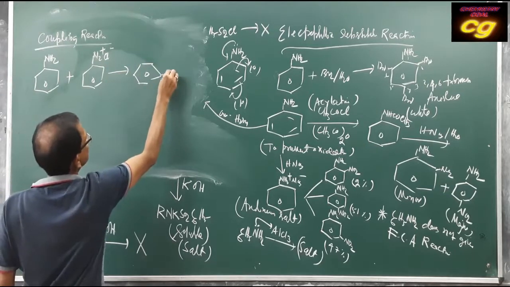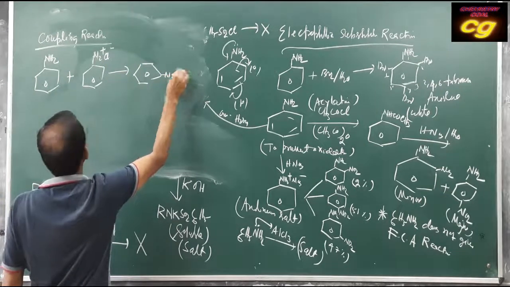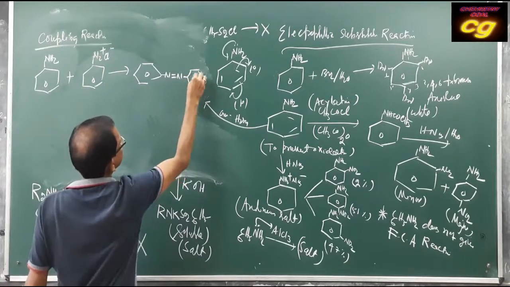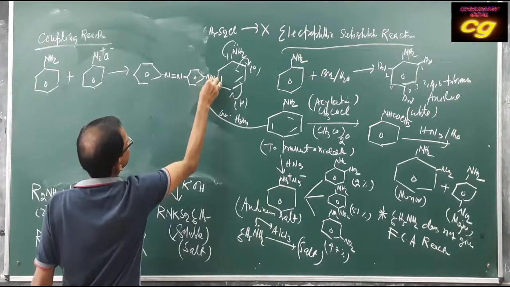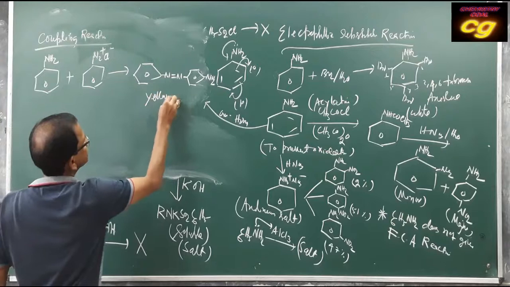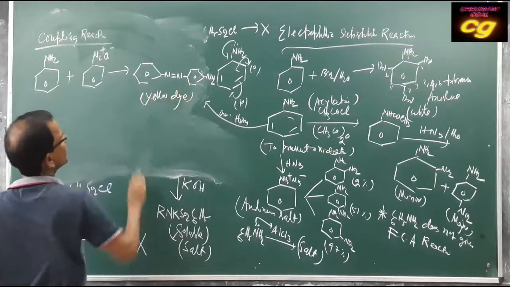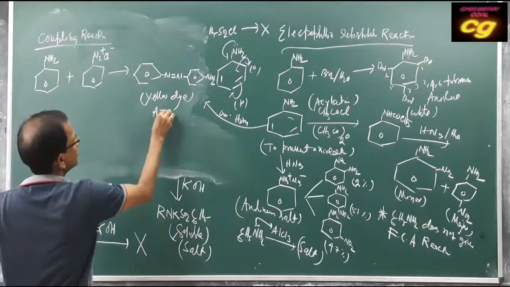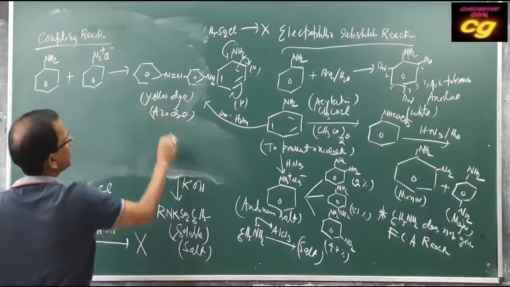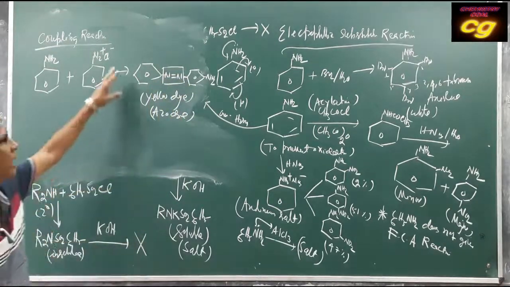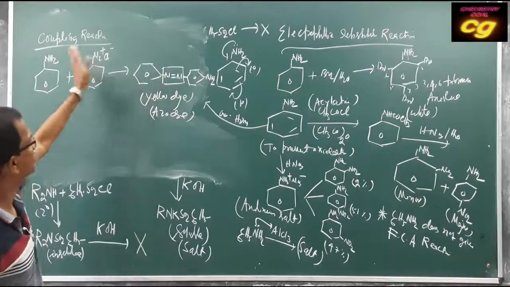Here N2 becomes like this, then it is attached at the para position. This is a yellow dye, an azo dye, and this group is called the azo group. So formation of azo dye occurs and the color is yellow.